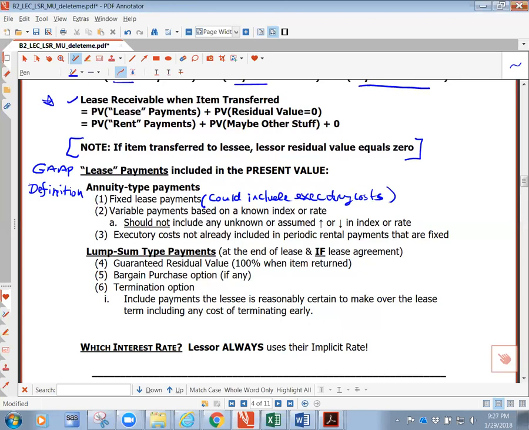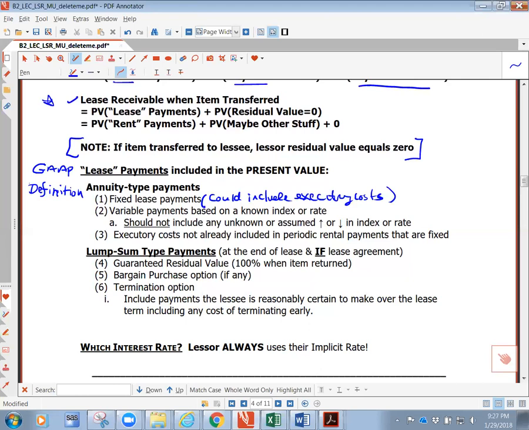So if you pay an amount like $100,000 a year, and then you know that it's going to go up 3% a year fixed, then you would include that 3% a year increase in the annuity type payments that you're going to present value.